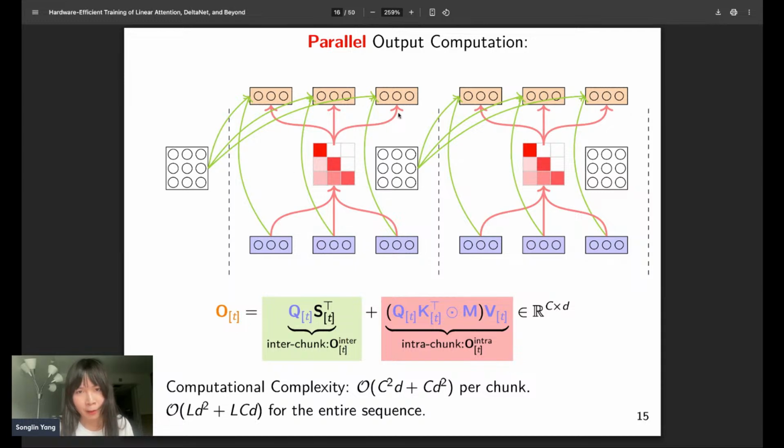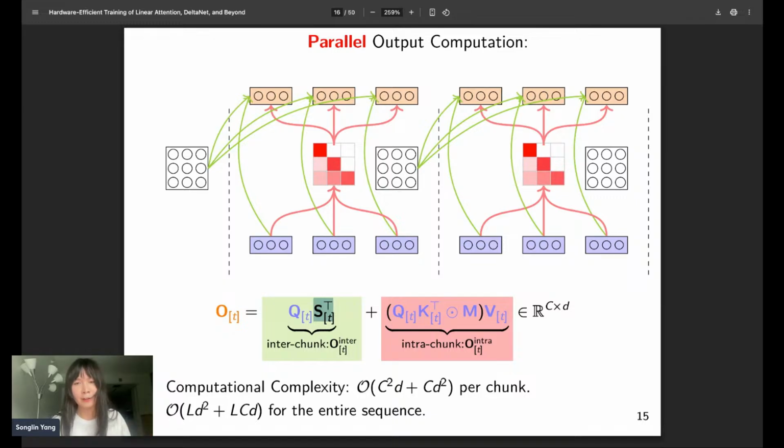And since we have multiple queries in this chunk, retrieving an output from the same recurrent state, this is like a batchification computation. We can do the batchification in the query's sequence dimension to have a matrix multiplication. The first term is of size C by D, and the second term is D by D. So we can rewrite this process as a matrix multiplication. This is the inter-chunk contribution: we compute the output contributed by the previous context.